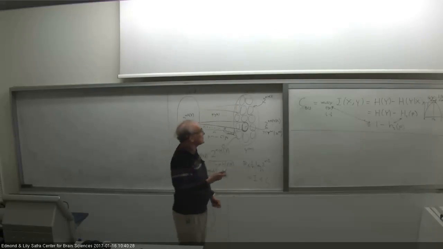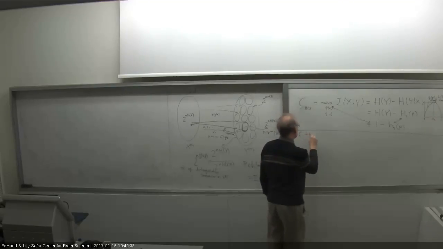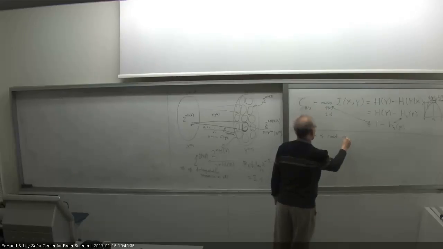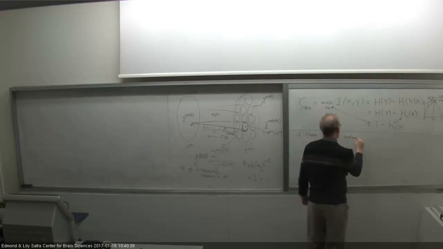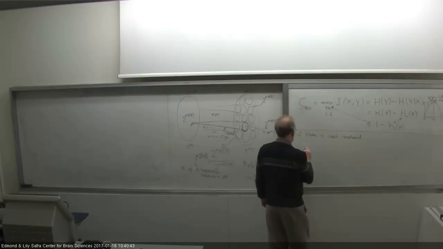Okay, so let's say there's an energy constraint. So if there is a cost constraint, it means that the capacity now is a function of my cost.